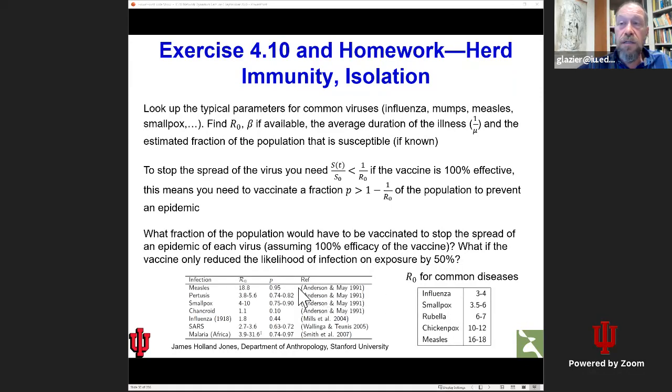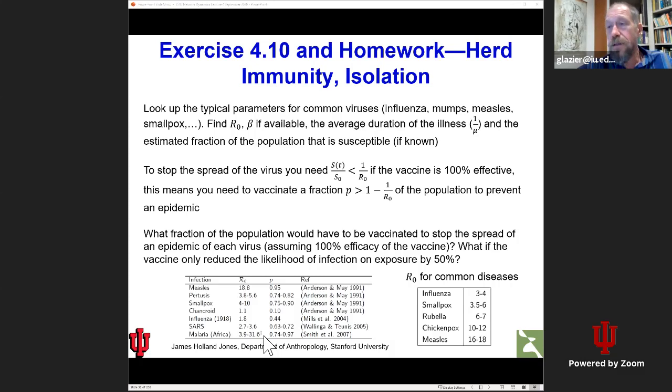But you can get these numbers. So here's R naught. Here's the fraction 1 minus 1 over R naught that you need to vaccinate successfully. And you'll notice that there's a lot of uncertainty. Look at malaria. The estimates of R naught are 4 to 30.